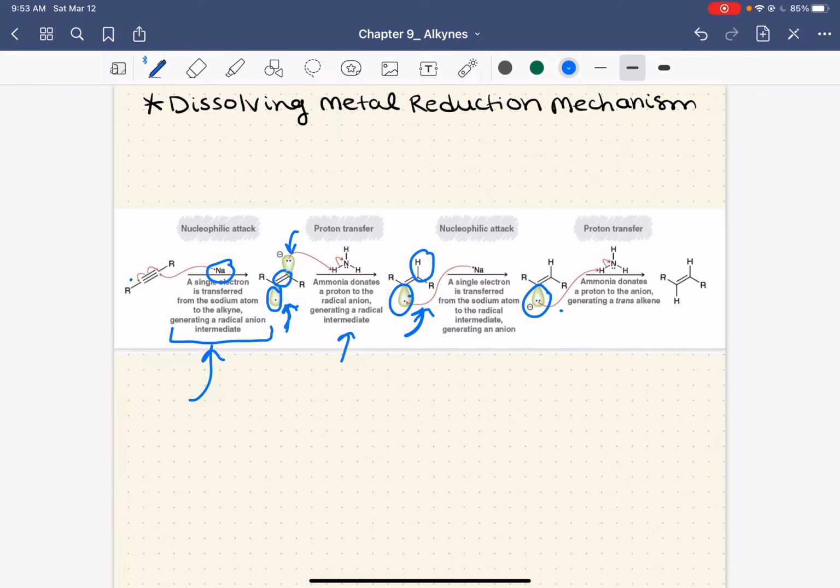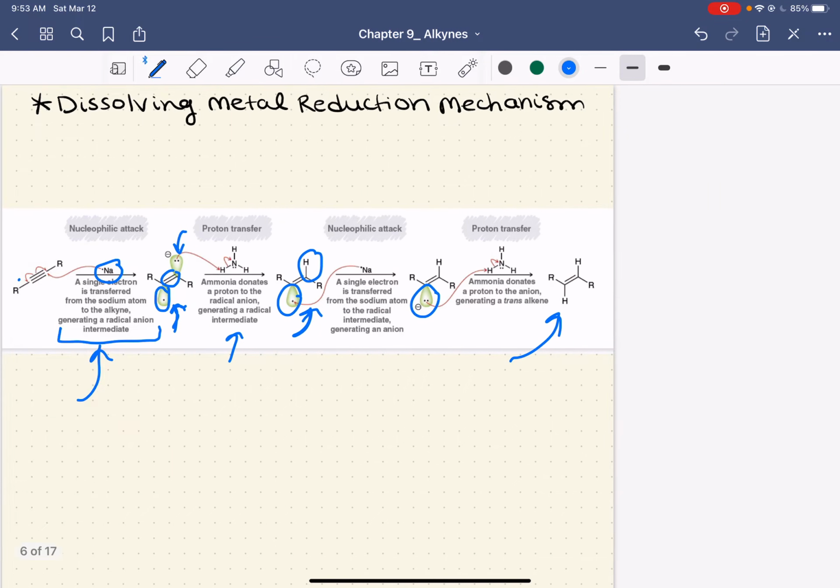One more time we treat it with ammonia, where ammonia donates a proton to the anion, and then boom, we have our trans alkene. Fantastic, exactly what we wanted. So that is how our dissolving metal reduction mechanism works.